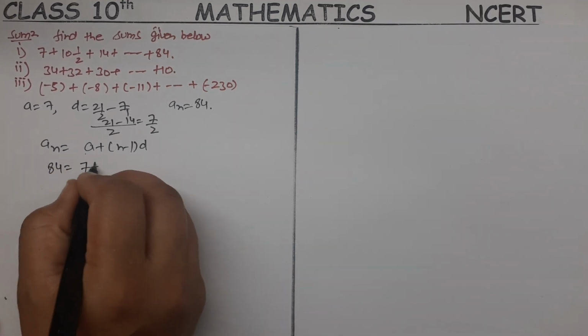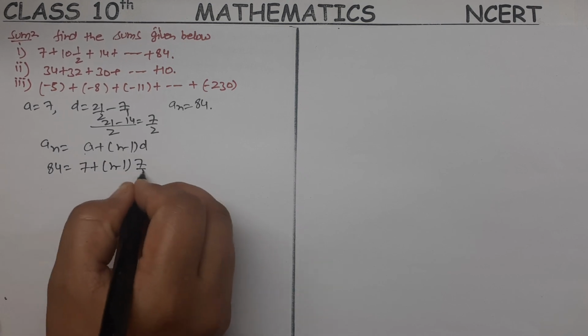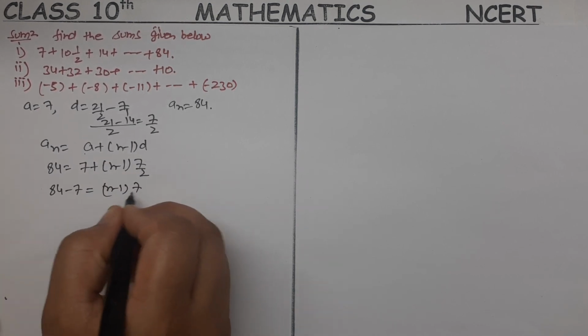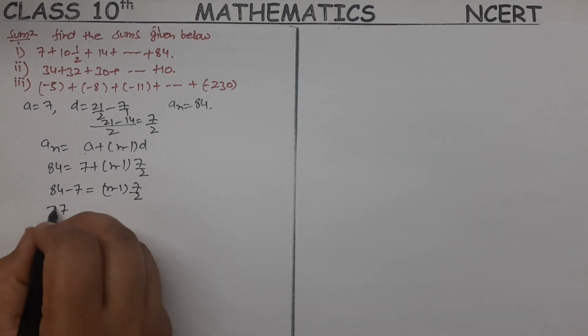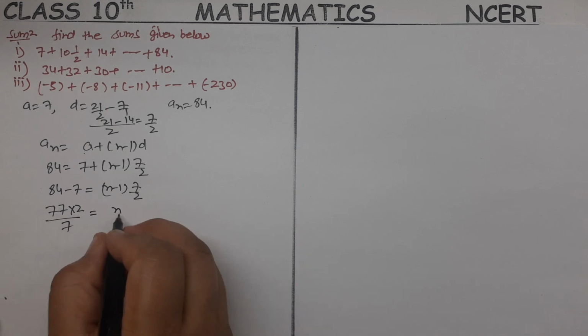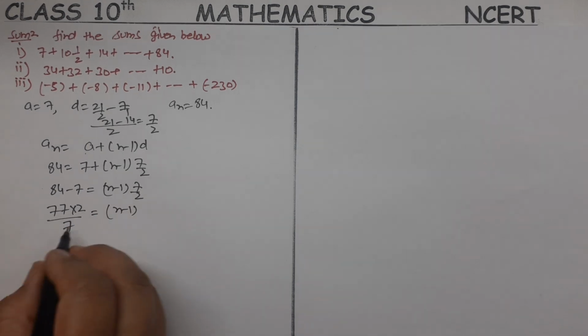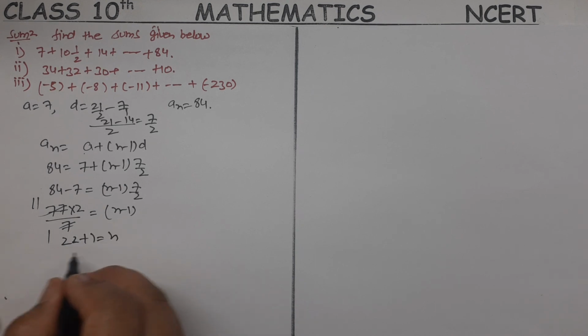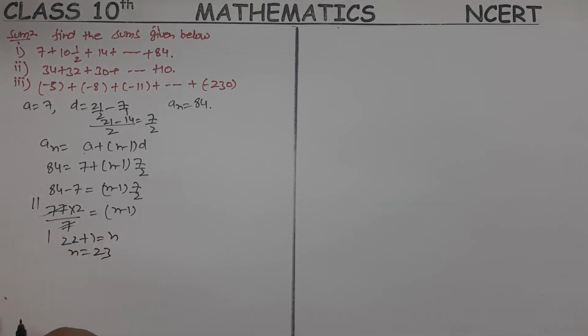Now putting the values and solving. Subtract 7, 7 by 2 comes to the left hand side, 2 as numerator, 7 as denominator, cut. Here n is 23.